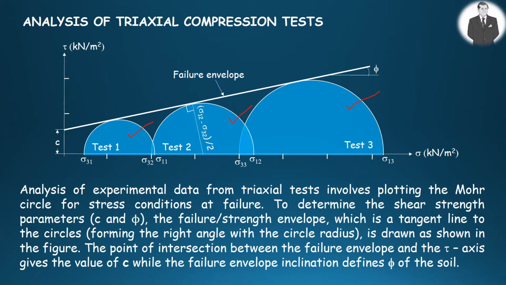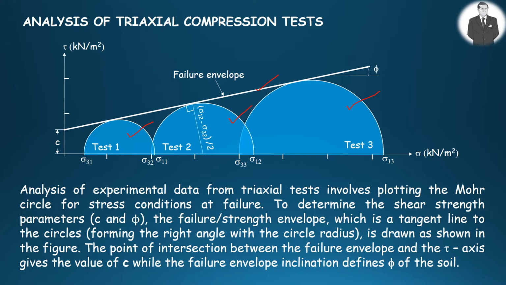To ascertain the shear strength parameters, namely c and phi, where c stands for cohesion intercept and phi stands for internal friction angle, the failure envelope or strength envelope, whichever you like, which is a tangent line to the circles, is drawn as shown in the figure.